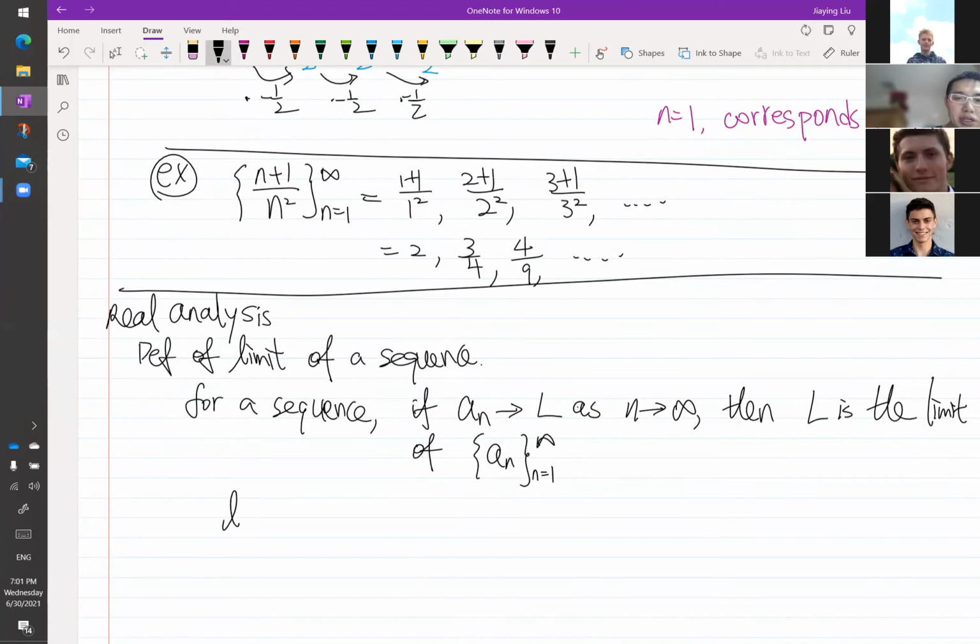Another notation is limit as n goes to infinity of an equals L. So that's as n goes to infinity, the limit of the sequence an equals L. That's the intuitive definition of the limit of a sequence.